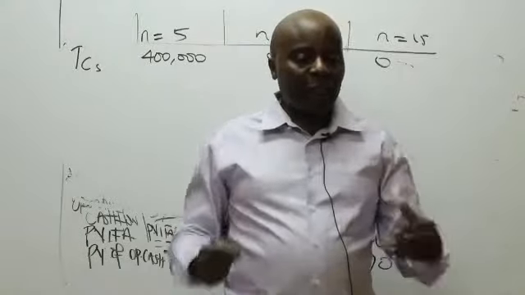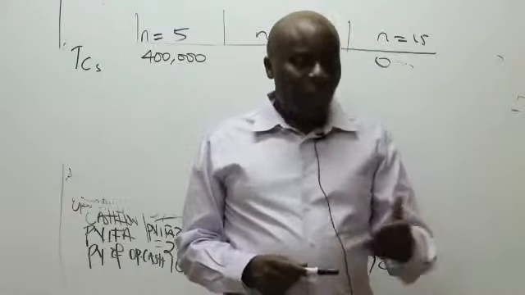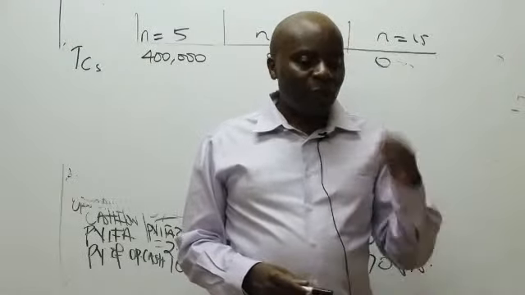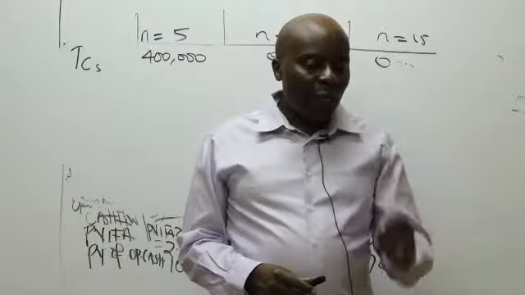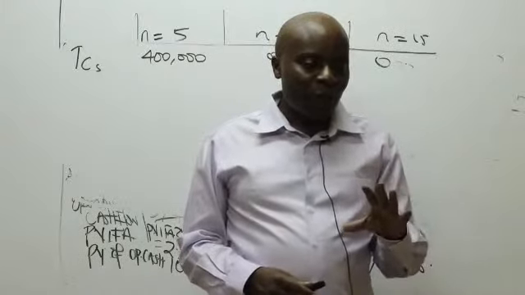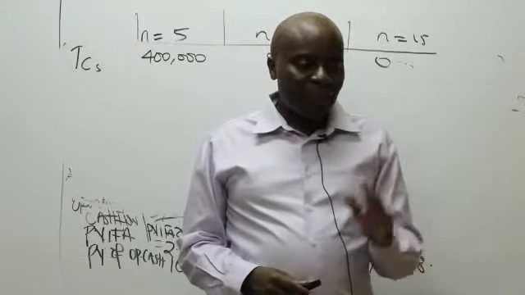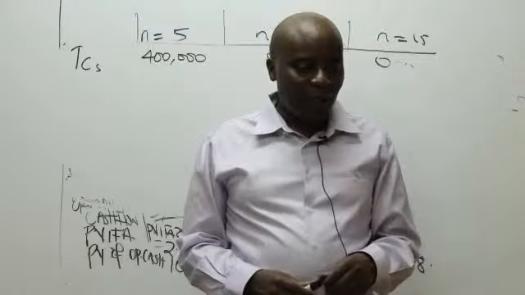Having identified our terminal cash flows, what should we do next? Thank you very much, Abdul. For scrap value, there is no tax shield. No taxman can allow you to claim something there in finance.